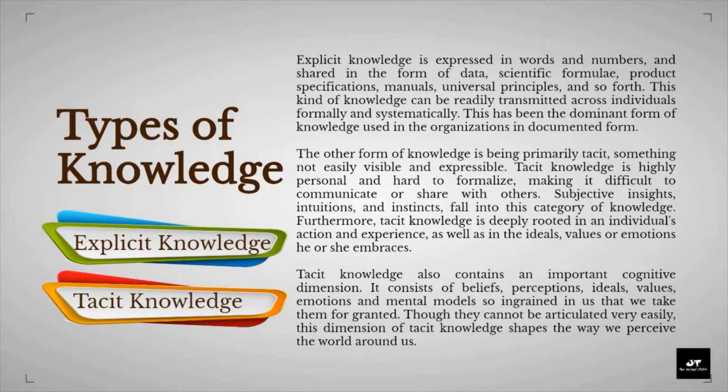Tacit knowledge also contains an important cognitive dimension. It consists of beliefs, perceptions, ideals, values, emotions and mental models so ingrained in us that we take them for granted. Though they cannot be articulated very easily, this dimension of tacit knowledge shapes the way we perceive the world around us.